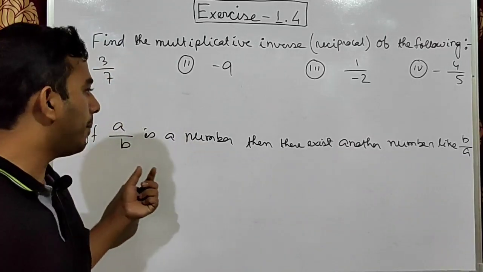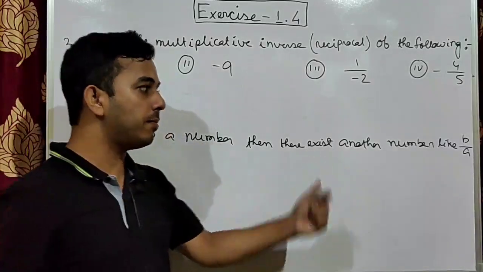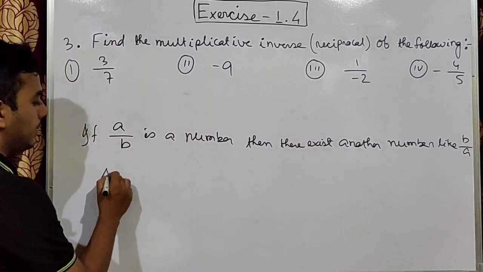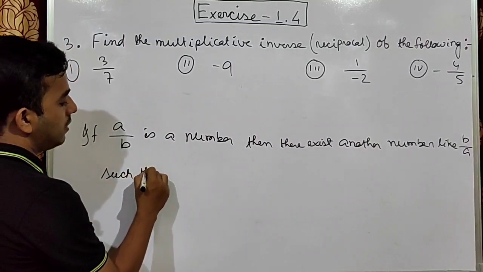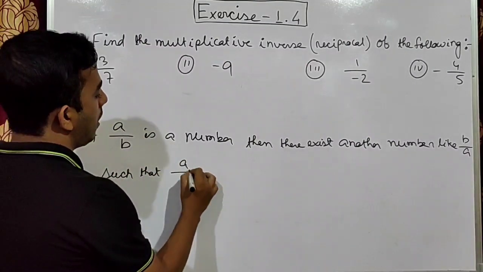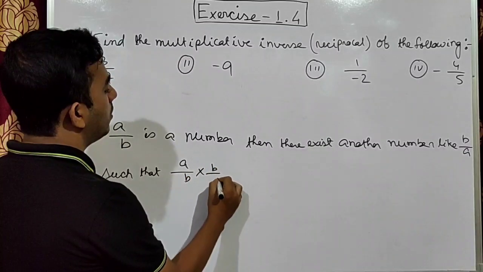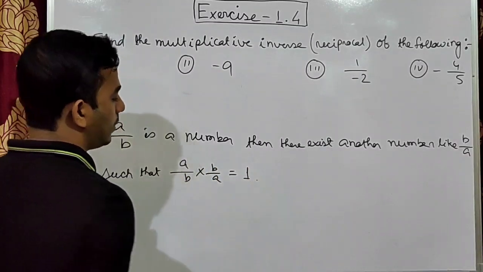If A by B is a number, then there exists another number like B by A, such that A by B into B by A equals 1. Okay.